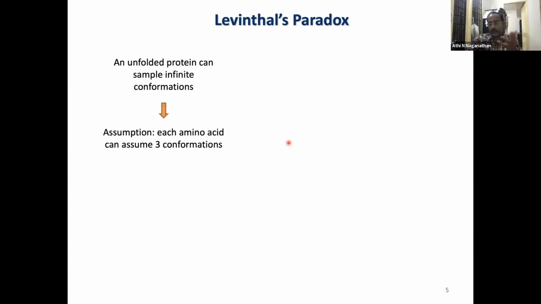Right, so now we know the sequence and we know the structure. What makes it very difficult to address this problem is that any polypeptide chain, an unfolded protein, can sample an enormous number of conformations, which Levinthal showed in his back of the envelope calculation. The simplest way to think about this is that if each amino acid can sample 3 conformations, then a 100 residue protein will have about 3 to the power 100 conformations.